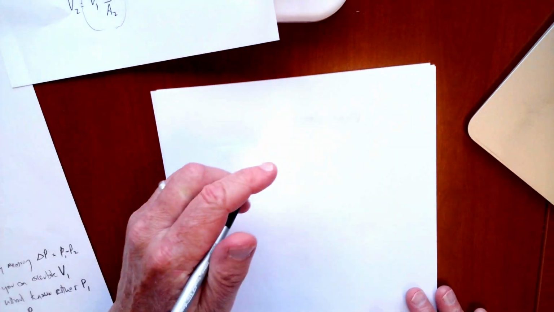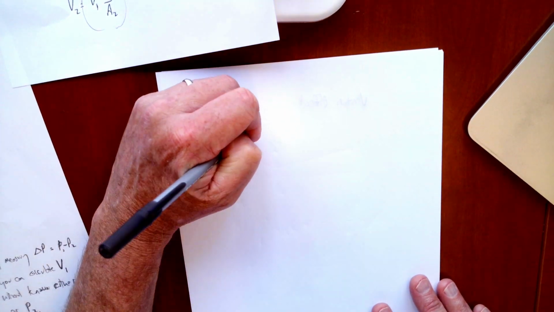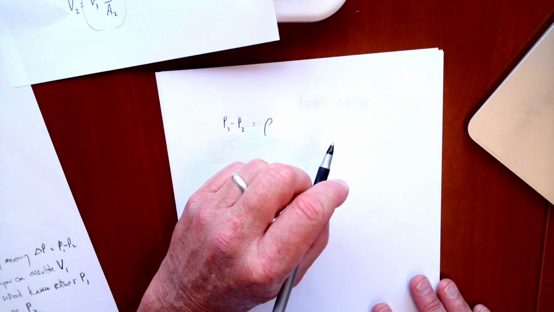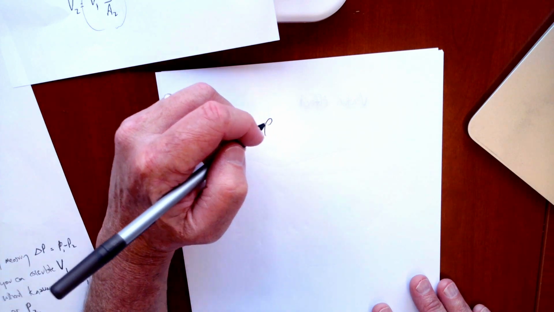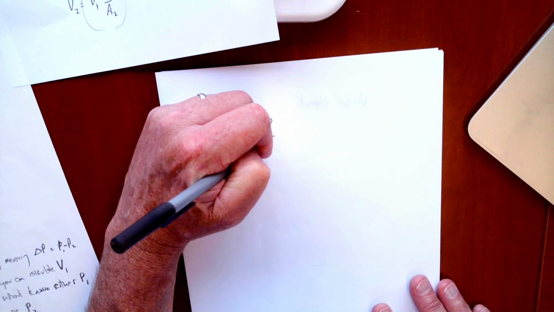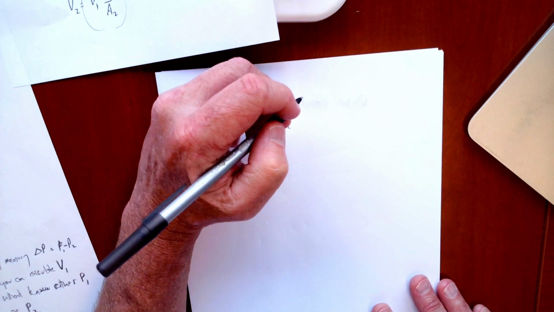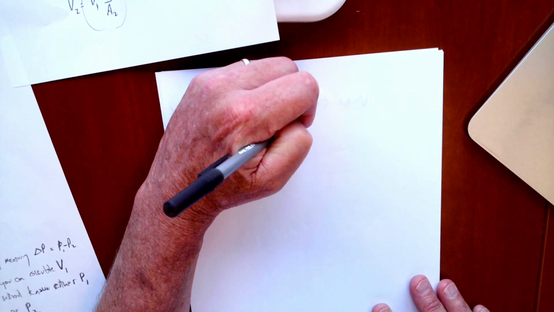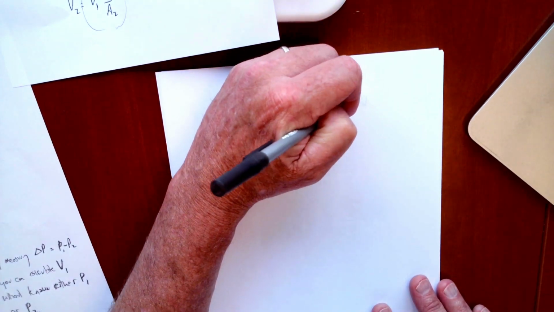So I'll go ahead and write that. I have P1 minus P2, which I'm going to measure, is equal to rho over 2 times V2 squared, but I'm going to replace V2 squared with my V1 A1 over A2, squared, minus V1 squared.